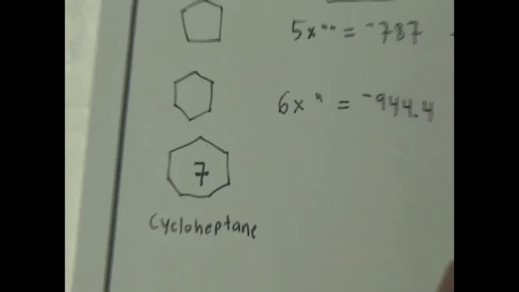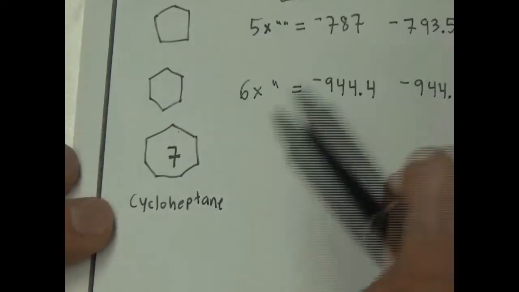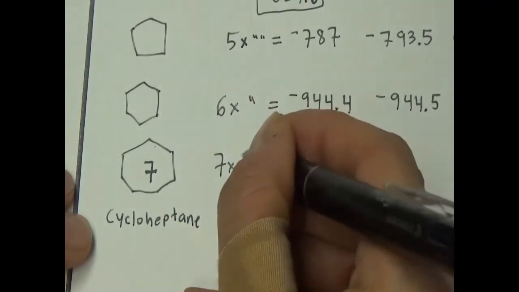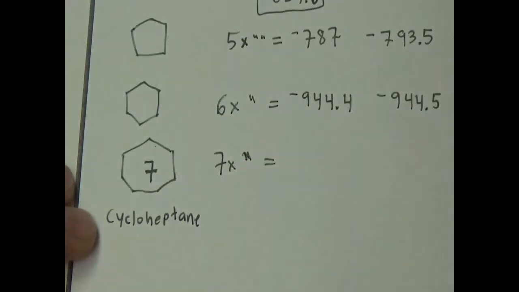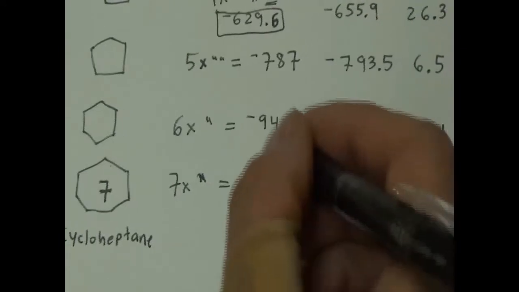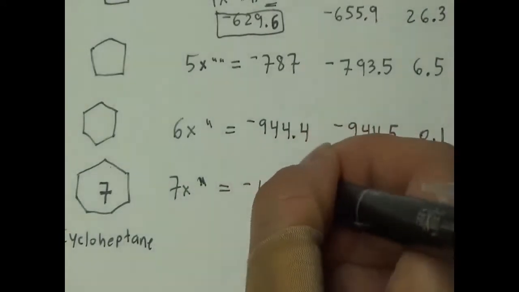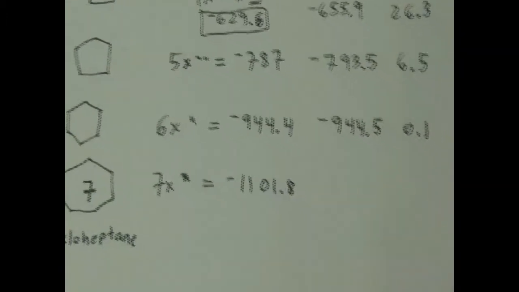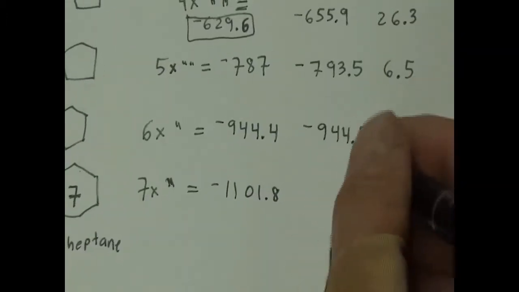Anyway, let's just do the calculation for cycloheptane, a slightly larger ring. So it's 7 times the magic number, which is negative 1101.8. The observed is negative 1108.2.